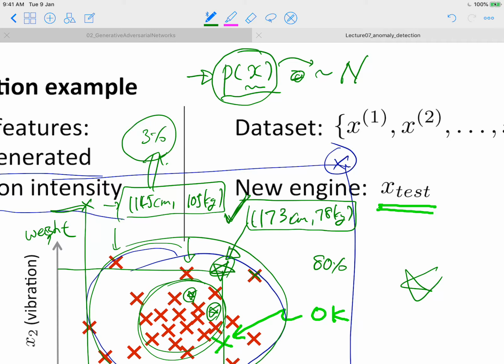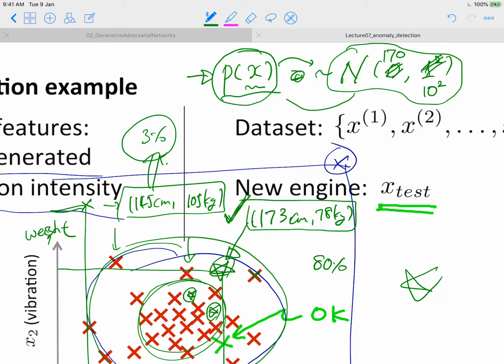But let's assume that this data distribution is following the normal distribution, and then this normal distribution is specified with this mean and variance, for example, maybe 170 and maybe 10 squared. Okay, so once we modeled our density, that can give us the probability of an arbitrary feature vector.